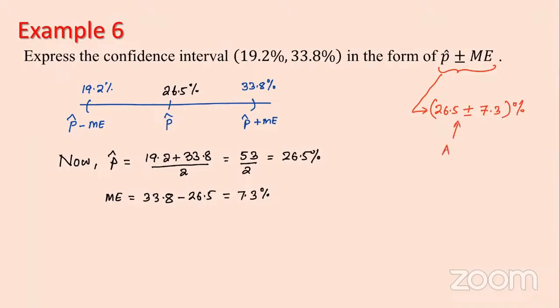So that will be my final answer. So we easily changed the confidence interval, which was given using the parenthesis, to a plus or minus form, right? To change into plus or minus form, you must find the value that goes in the middle, and also you have to find the margin of error.